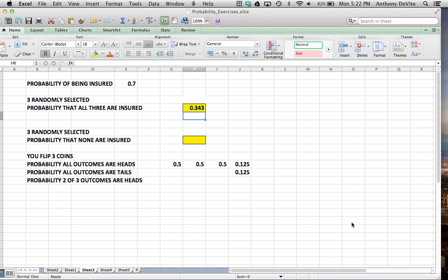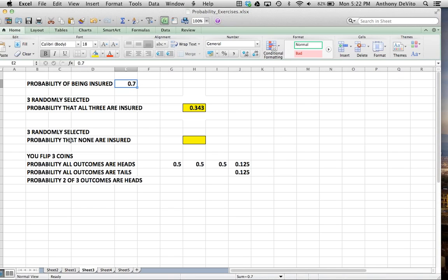Okay, now here's something a little bit trickier. What's the probability that none of these people are insured? Anybody want to hazard a guess? What's the probability that one of them is uninsured? Okay, I got a couple of 0.3s. If there's a 70% chance that they're insured, that means there's a 30% chance, if you pick them at random, that they're uninsured.